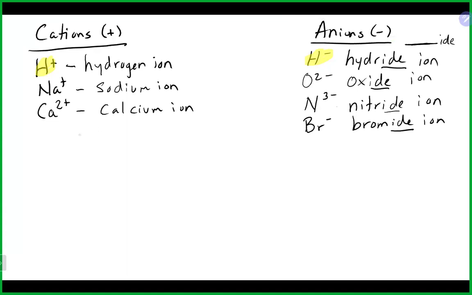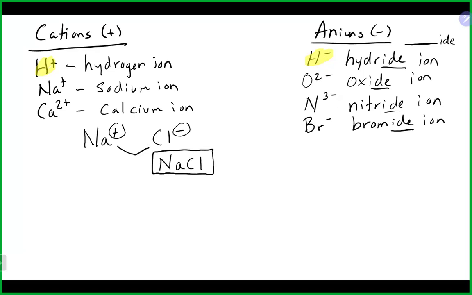For example, if I have sodium, which is +1, and I put that together with chloride, which is -1, +1 and -1 add up to 0. So the proper formula would be NaCl. That is the formula for the ionic compound. It has no charge; it has to equal 0, and it has to be the simplest way to get to 0. There are many ways to get to 0, but it has to be the simplest.